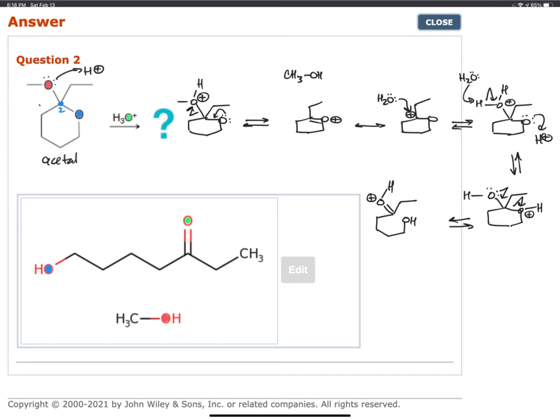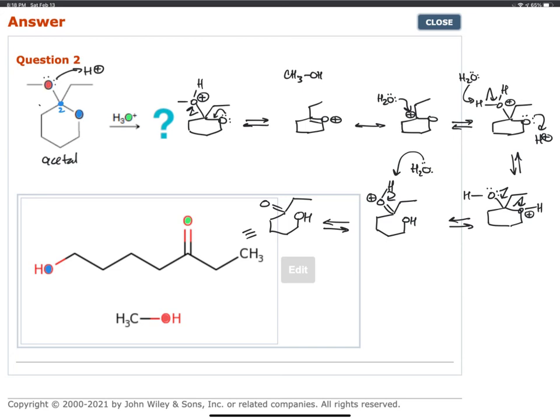And then in our final step, to get to the final product, we'll have water act as the base to abstract the hydrogen. And so that's equivalent to the final keto alcohol.